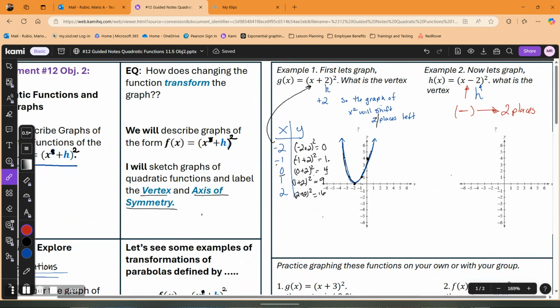Okay, so now you should be able to see the pattern. The spot that was here is going to go 1, 2 over here. Normally we have a point at -2, 4, so it's going to go over 1, 2. And that's it.